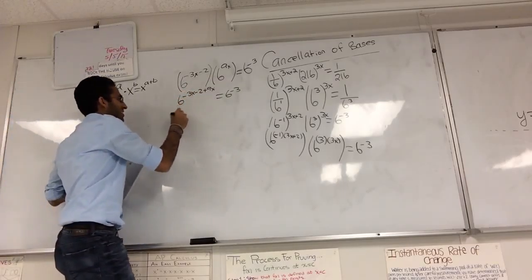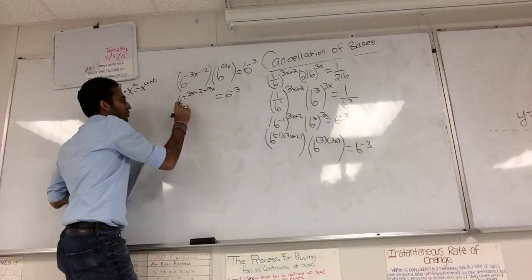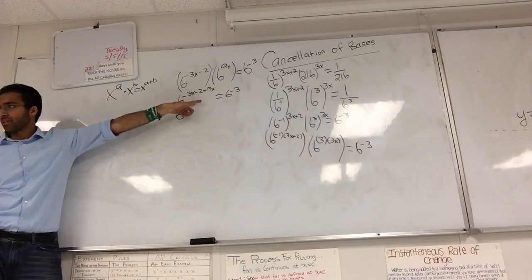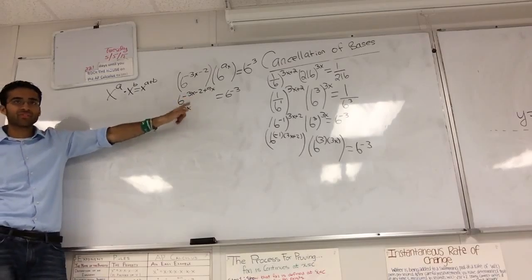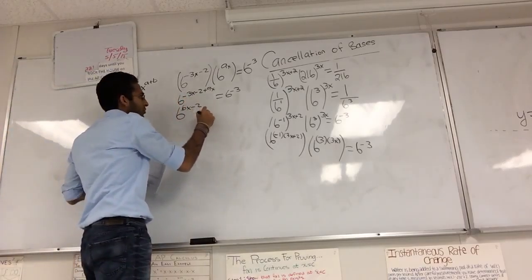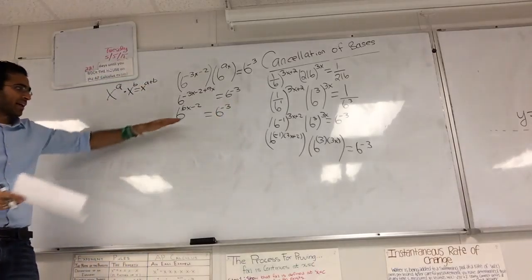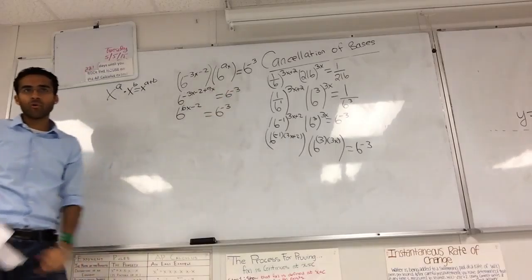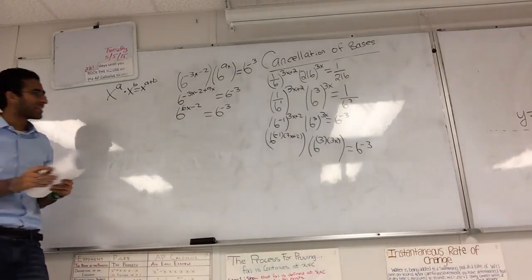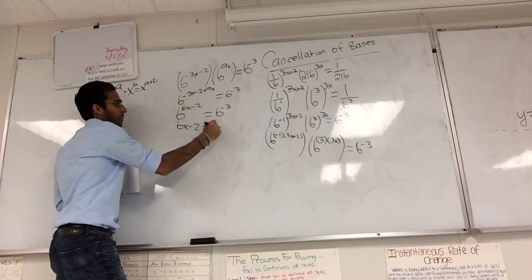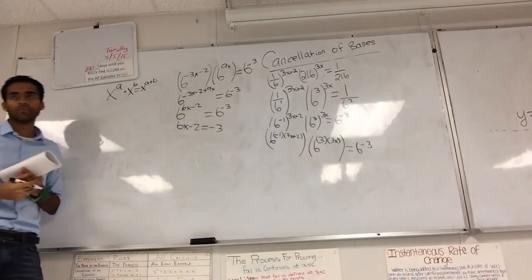So I'm going to go 6 to the positive 6x, negative 3x plus 9x is positive 6x, minus 2 equals 6 to the negative 3. And now the game's over, because now this looks like what we had before. Now we can cancel the bases, or we can say differently, 6x minus 2 must equal negative 3.